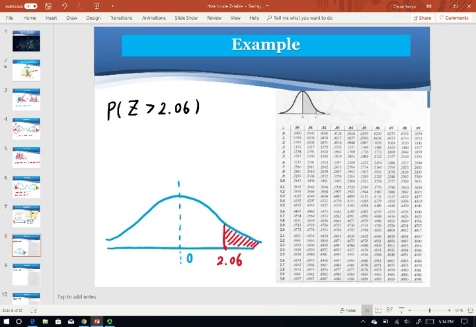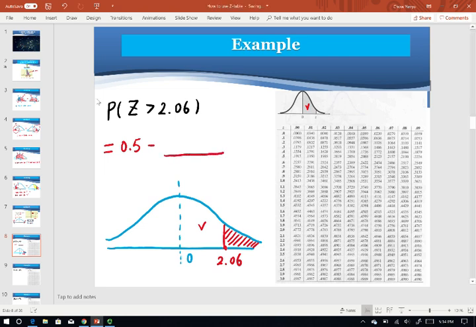And if you look at the picture, it's a tail probability. It should be 0.5 minus the table value. So it equals 0.5, this half, minus the table value, this area, because the z-table is only this area. So we need to use the z-table to find the table value.